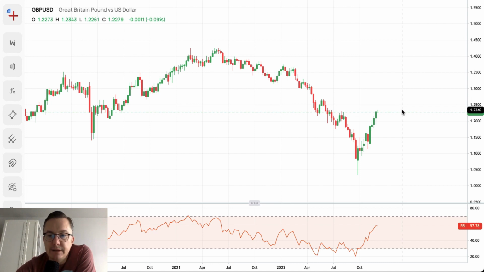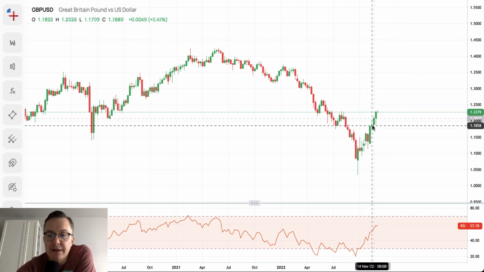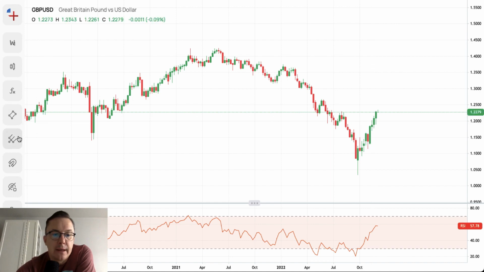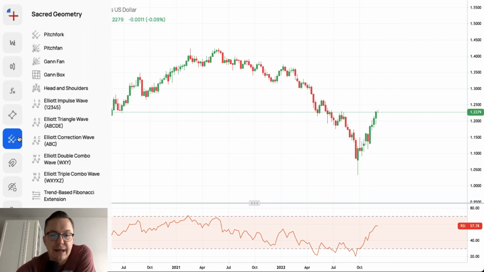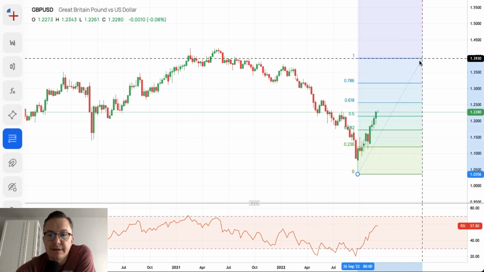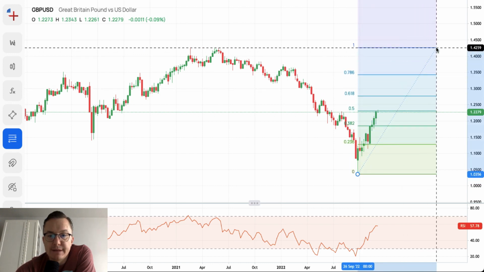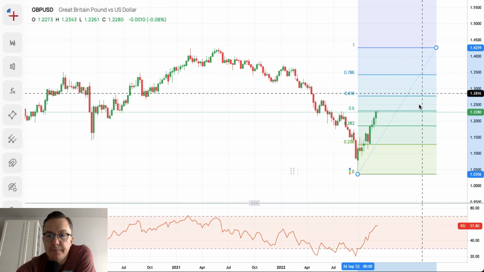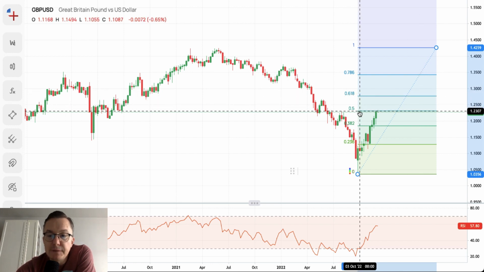Nevertheless, it doesn't mean that we cannot retrace even higher towards the 61% Fibonacci retracement. Let me just find out for you guys where it exactly is. And if we take our Fibonacci retracement tool, then of course we can see that 61% is just here around 1.2779, and the 50% has been hit already, 1.2210.